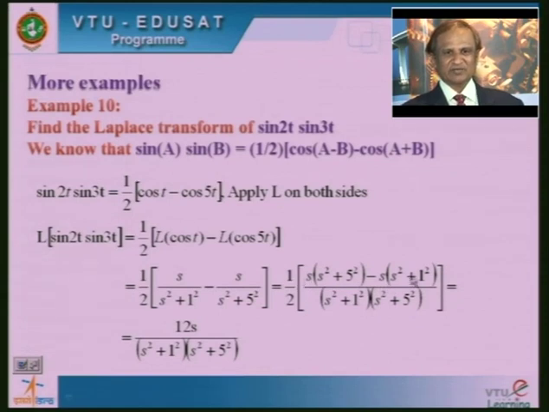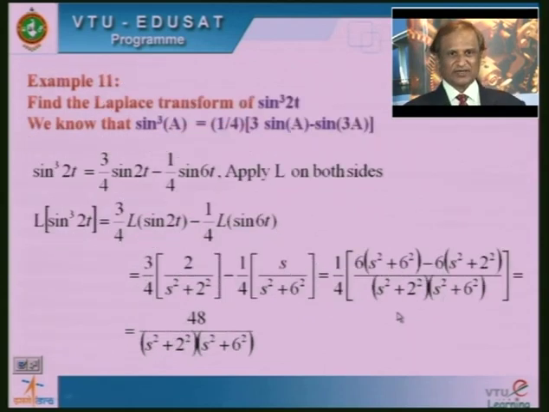Is it clear? You can multiply. I hope after simplification you will get 12s divided by s square plus 1 into the bracket s square plus 25 or 5 square. Okay. So now we have obtained the Laplace transform of sine 2t into sine 3t.